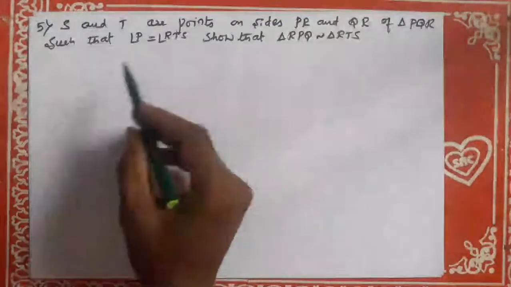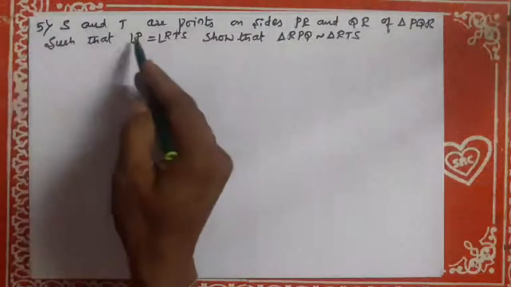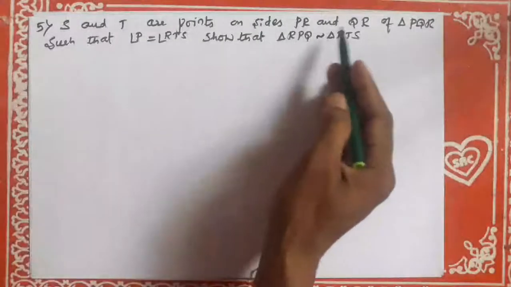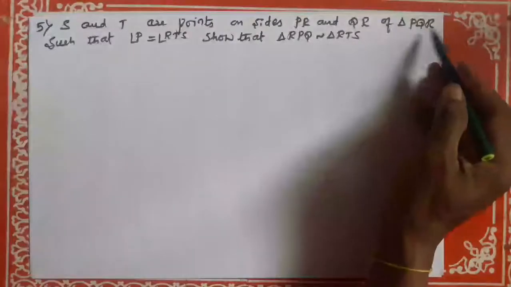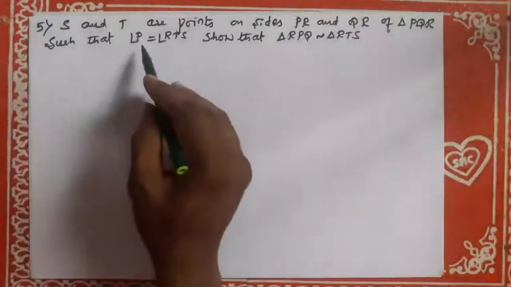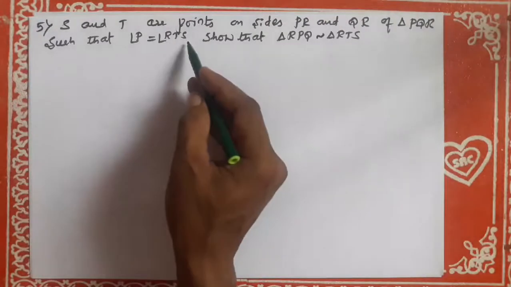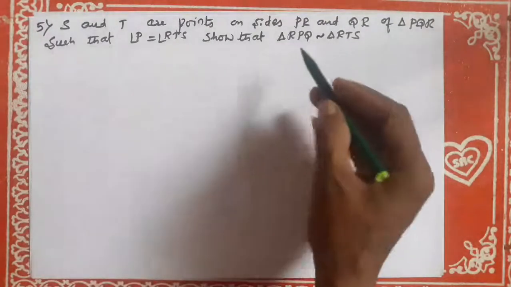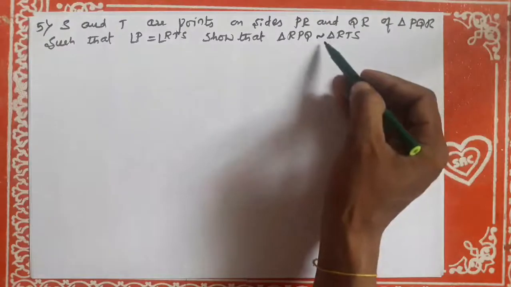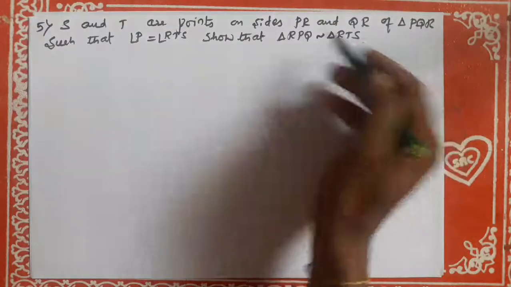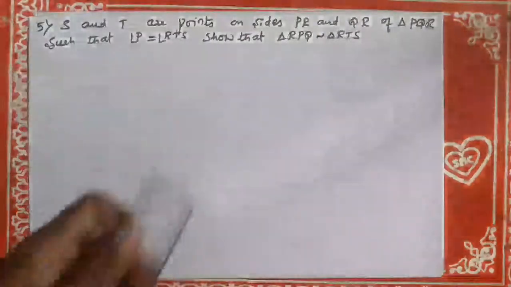Here we have one question, that is the fifth main. S and T are points on sides PR and QR of triangle PQR such that angle P is equal to angle RTS. Show that triangle RPQ is similar to triangle RTS. A figure is not given here, so we have to draw it.